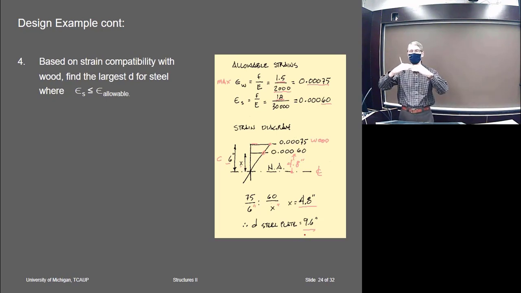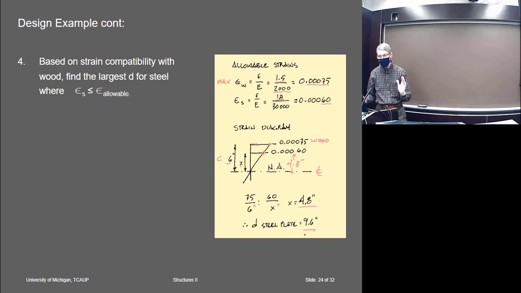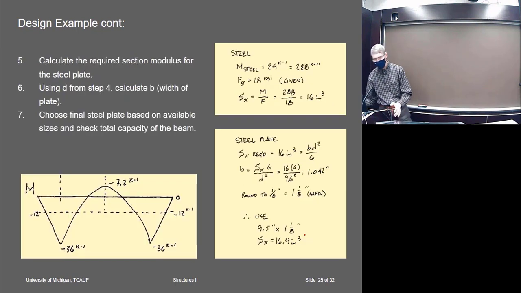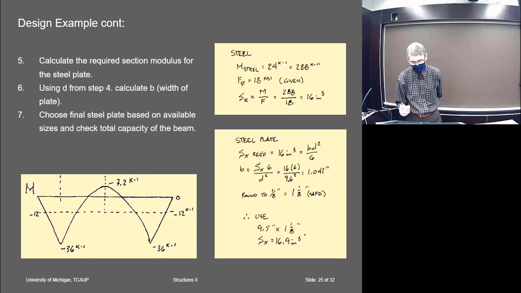So if I have a steel plate that's exactly 9.6 inches deep, the steel will reach its limit at the same load that the wood reaches its limit. So they'd be balanced in that sense. That makes sense. We can do that. Now we want to know how thick does it have to be.